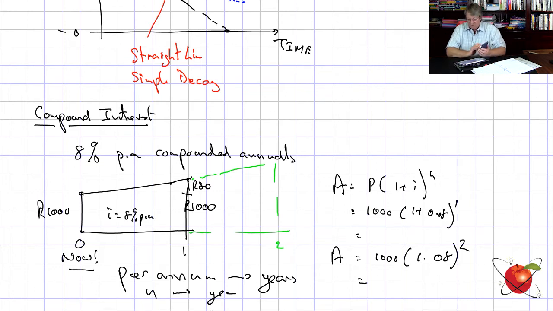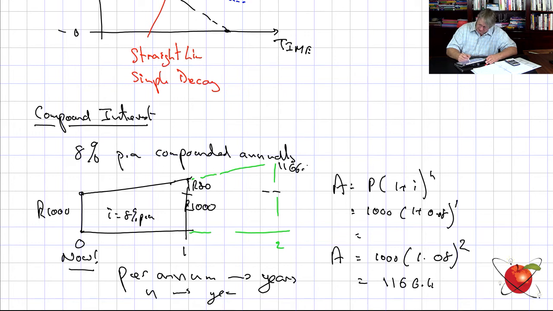So 1,000 times 1.08 to the power of 2 is 1166.40. And that balance there is 1166.40, exactly, yep.